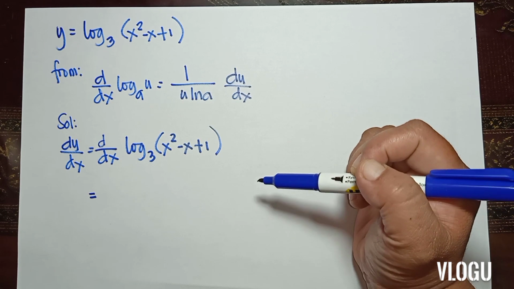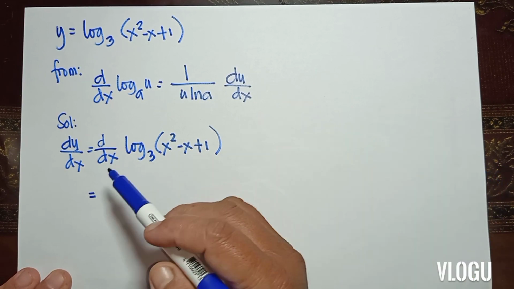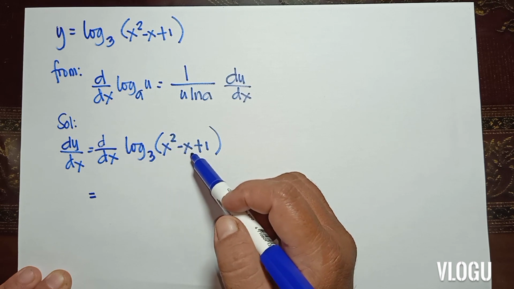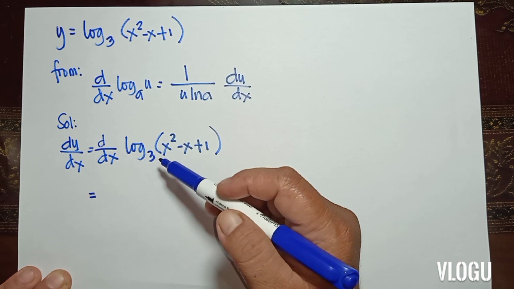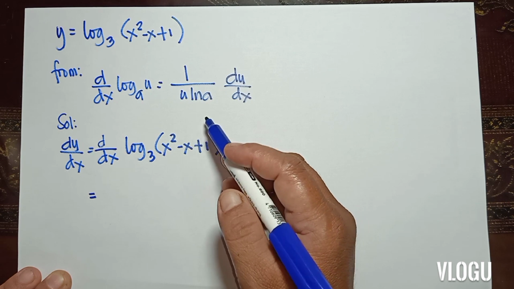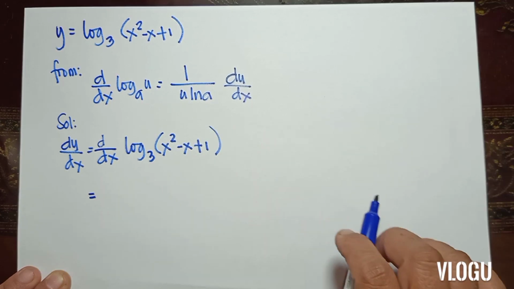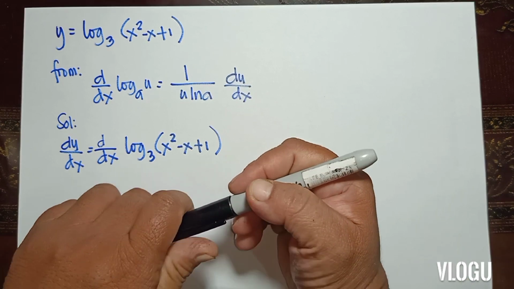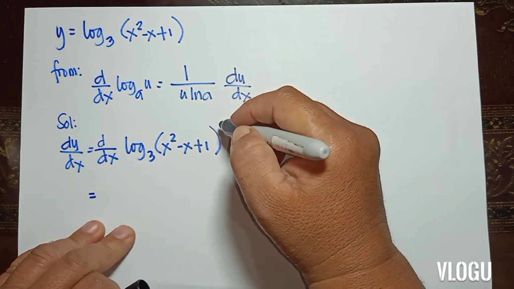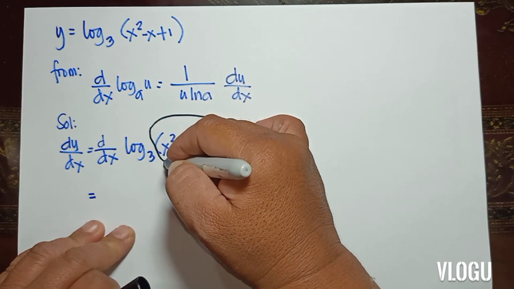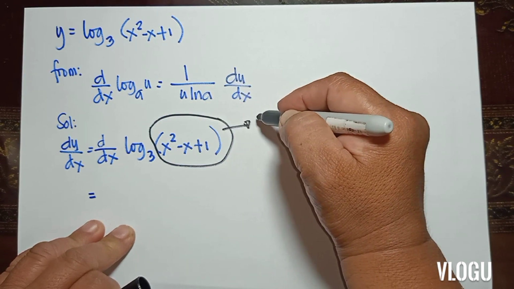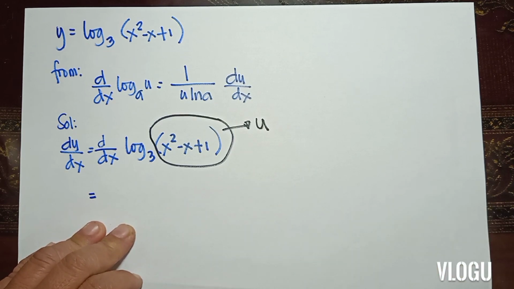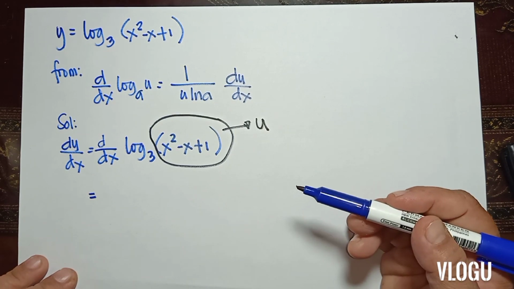Solution, we have dy/dx, that is d/dx of log of x squared minus x plus 1 base 3. So therefore, from the formula, we will have 1 over u. What is our u? Our u here is x squared minus x plus 1.